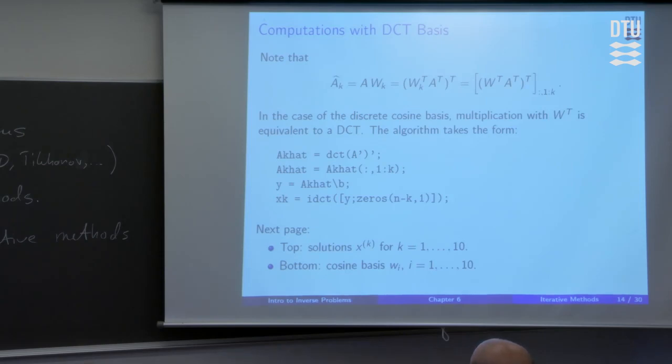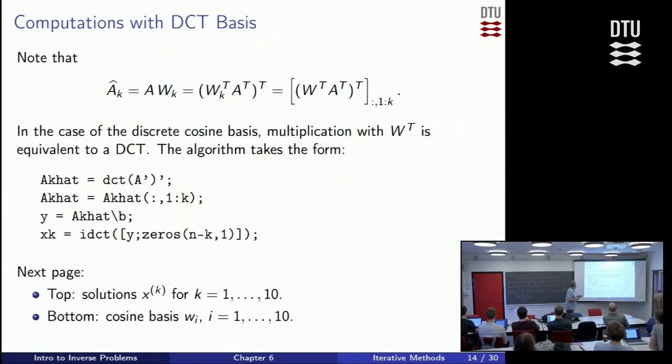This is a cool example because it shows that you can actually do the operations with the matrix Wk without storing the matrix Wk at all. All you need to do is just plug into MATLAB's DCT function that does a discrete cosine transform and its inverse. So please study these few lines in detail to see what's going on.